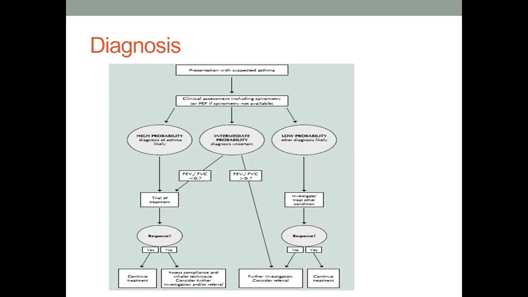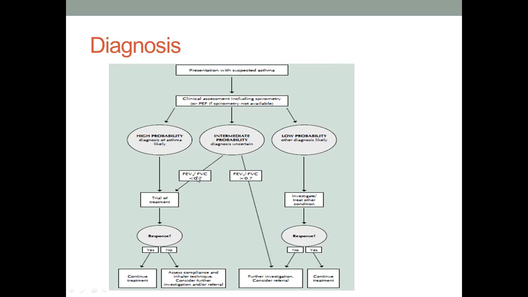Diagnosis is made on high probability, intermediate probability, and low probability. This is an image which shows if there is high probability and diagnosis of asthma is likely, then lung function is not required. But when there is intermediate probability, here you will do lung function test.